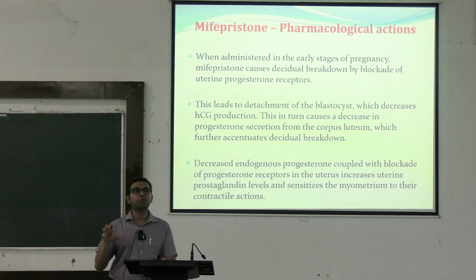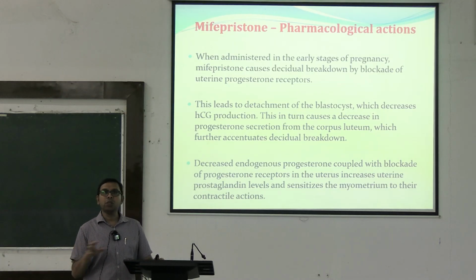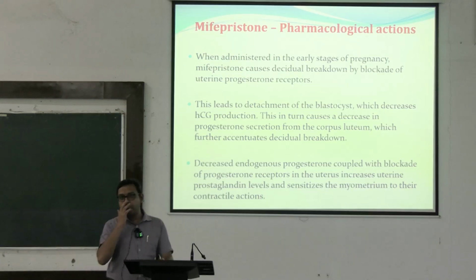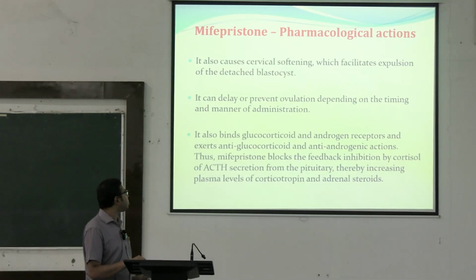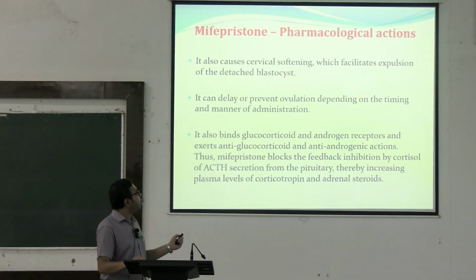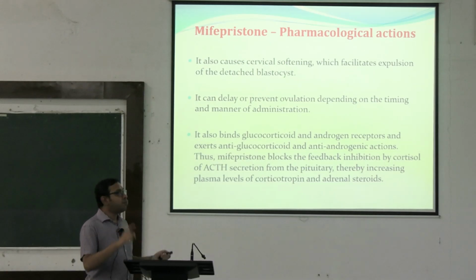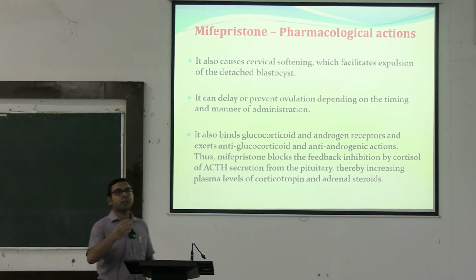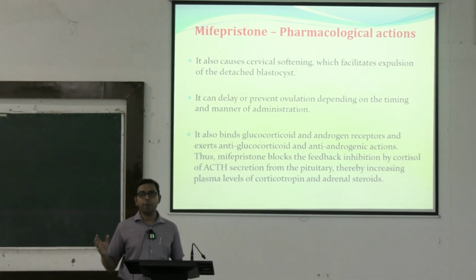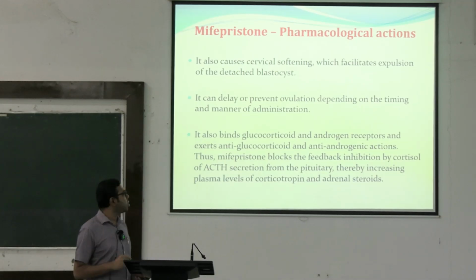So, myometrium becomes more contractile because there is no progesterone support. The blastocyst is already detached. It also causes cervical softening. Cervix becomes softened and all this facilitates expulsion of the detached blastocyst. So, there will be abortion. Expulsion of the detached blastocyst happens.